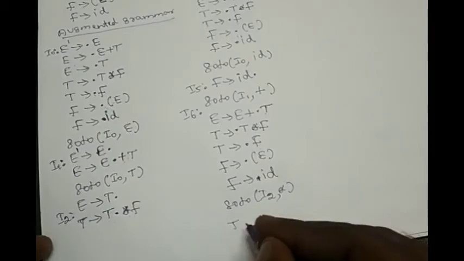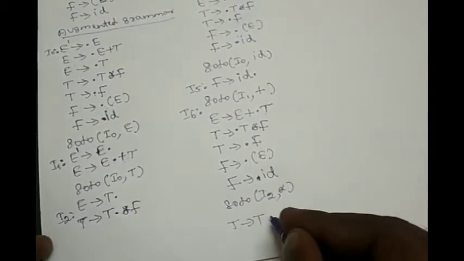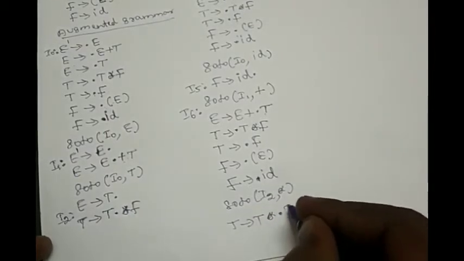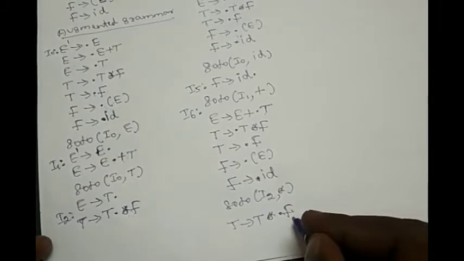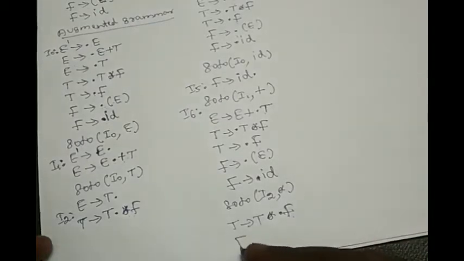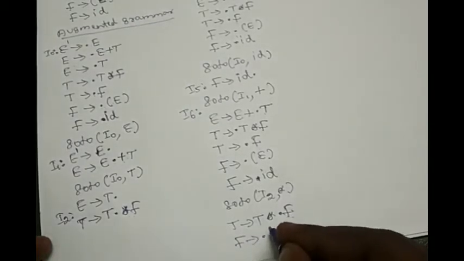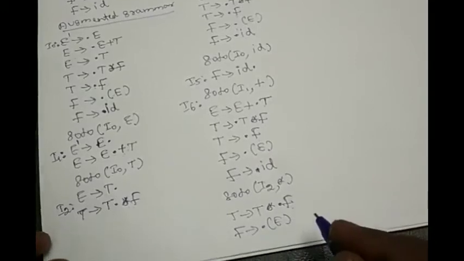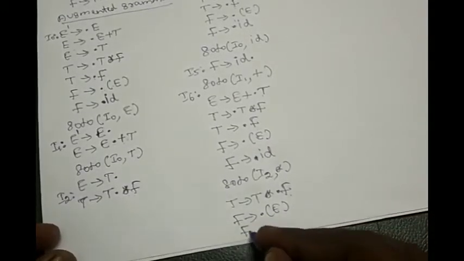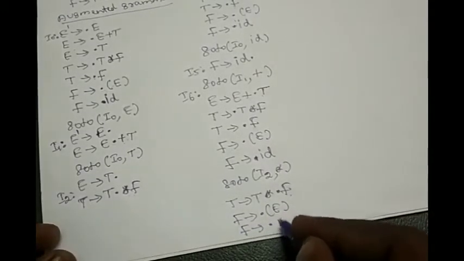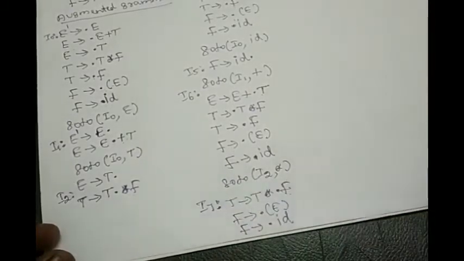This will become T tends to T star dot F. Now the dot is before F here. F is a non-terminal, so include all the productions for F here. So the F productions are F tends to dot E and F tends to dot id. So we will name this item set as item set 7. That's it.